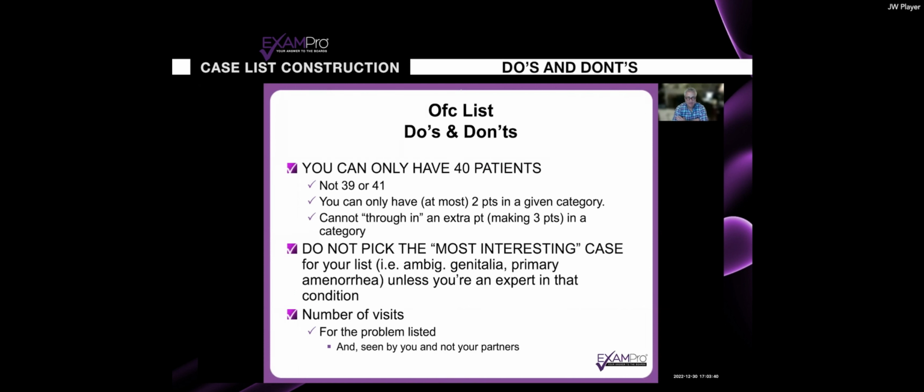All right, this is going to be one of my 2 biggest points of the whole day. Please do not pick out the quote unquote most interesting case for your list. Every year I get somebody who puts on primary amenorrhea, who's not an REI or a pediatric GYN, or they put on ambiguous genitalia or something really weird that they're not going to see except for maybe 1 or 2 times in their career, if that.